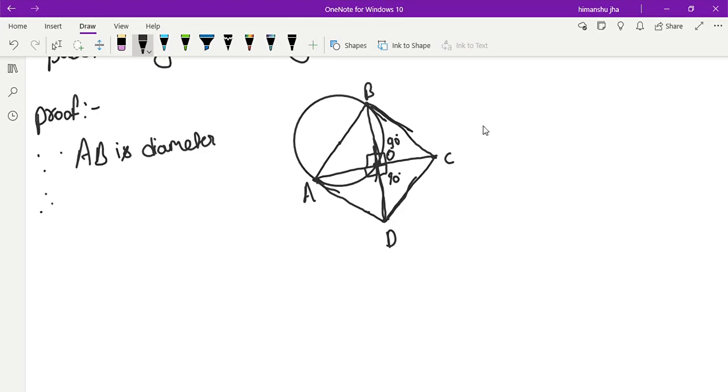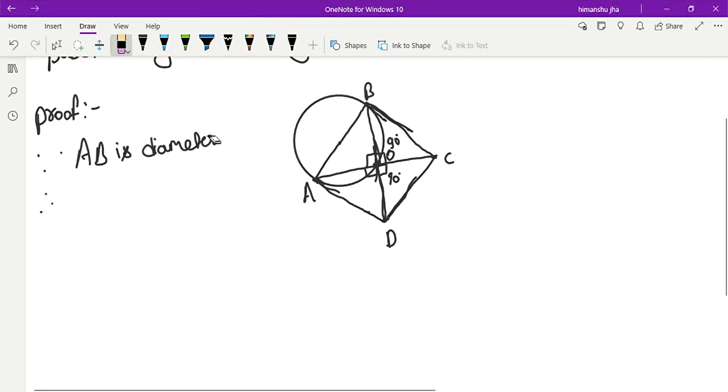So at the circle also the angle must be 90 degrees. So this point must lie on the circle only, right? Because the angle in a semicircle is 90 degrees.